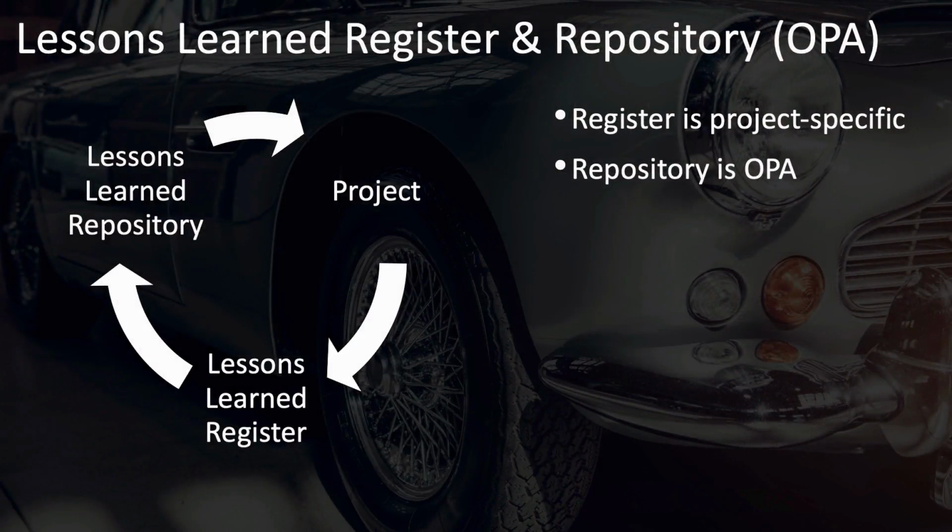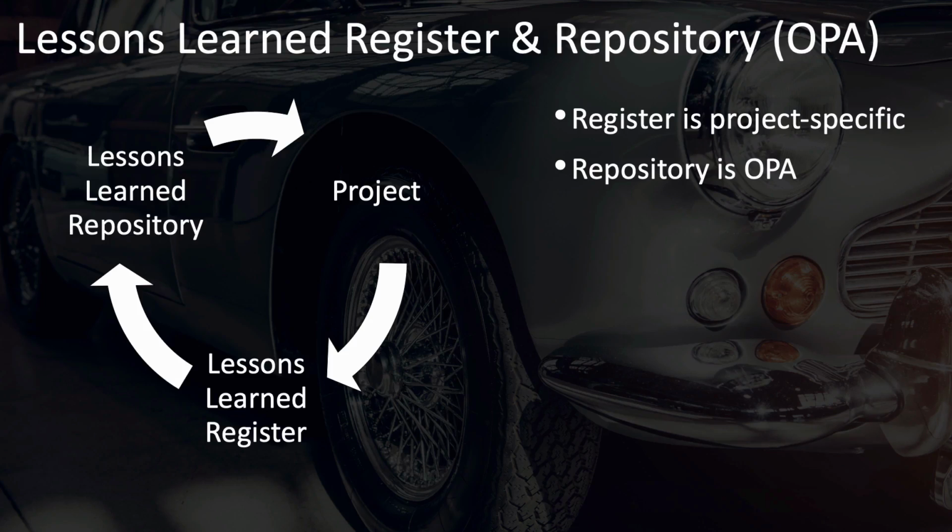It's during the close project or phase process that the lessons learned register, which is project specific, containing all those lessons that you've learned during the course of this particular project, is used. It's where all of those lessons from your lessons learned register are then put into the lessons learned repository.